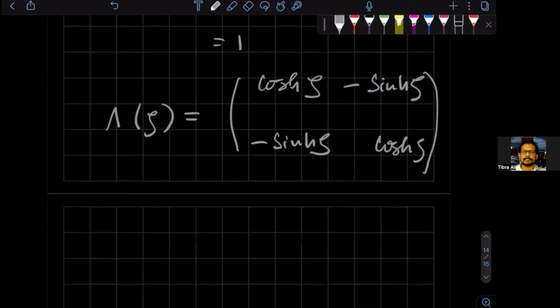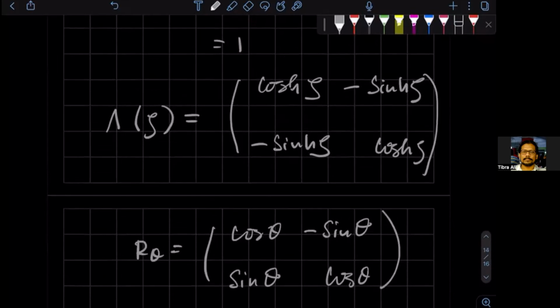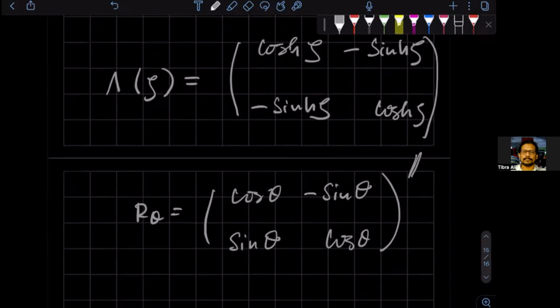If I take an SO(2) matrix R of theta, which is cosine of theta, minus sine of theta, sine of theta, and cosine of theta, you can see that there's a very clear analogy between these two things.